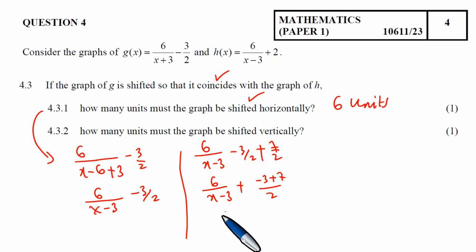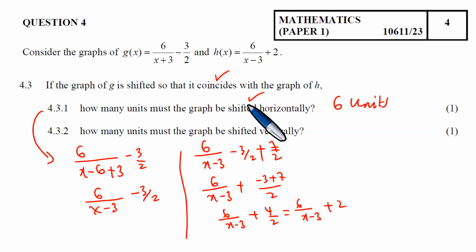So this is x minus 3, and this is 7 minus 3. What is 7 minus 3? It's 4. 6 divided by x minus 3 plus 2. Surely if we add 7 over 2 to minus 3 over 2, we get the number 2. So in other words, we must therefore shift the graph.